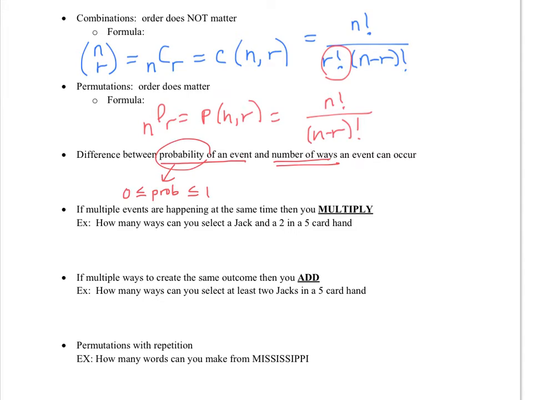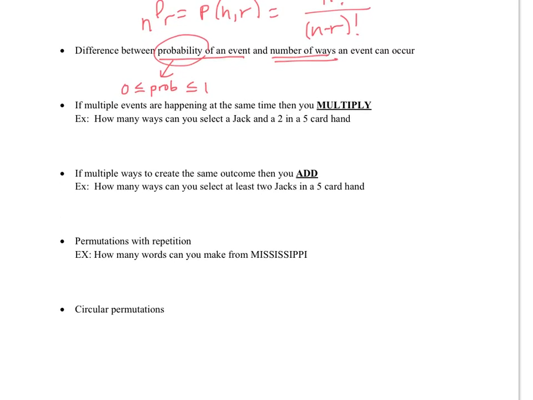Now we talked about the difference between multiplying and adding. So if multiple events are happening at the same time, then you are going to multiply their probabilities. So if I'm looking at how many ways can you select a jack and a 2 in a 5-card hand, that basically means I need 1 jack, I need 1 2, and then I need 3 other cards.